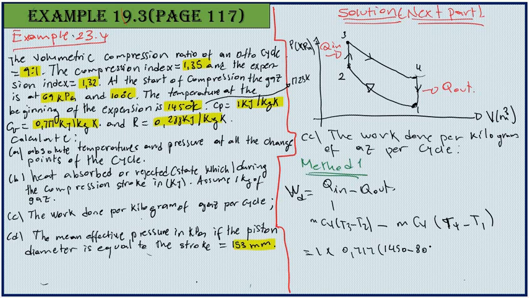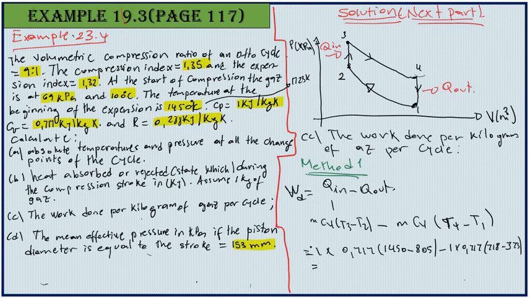So I have T2, which is 805, and then I repeat again. I have the mass, which is 1, CV, and then I have T4, which is 718 Kelvin, and T1 is 373.